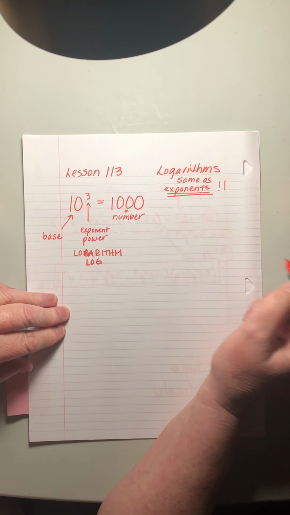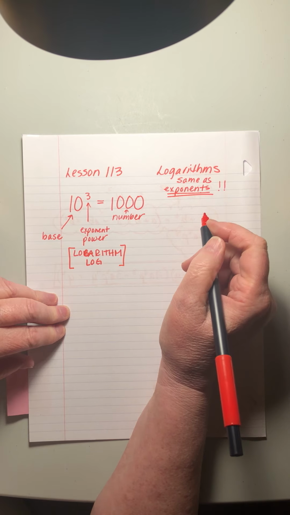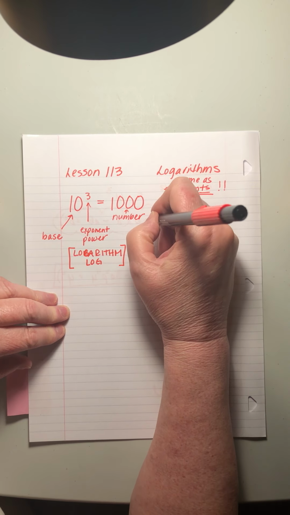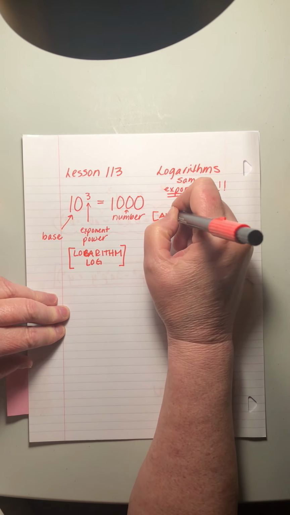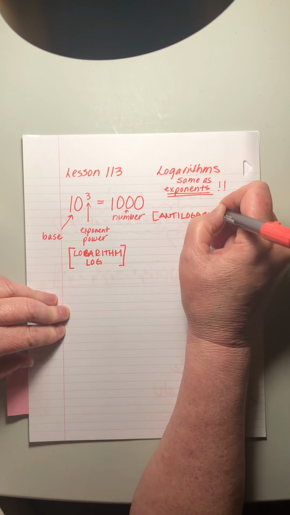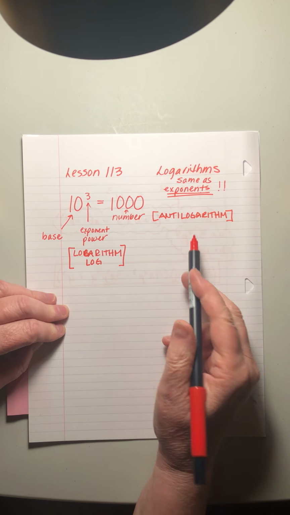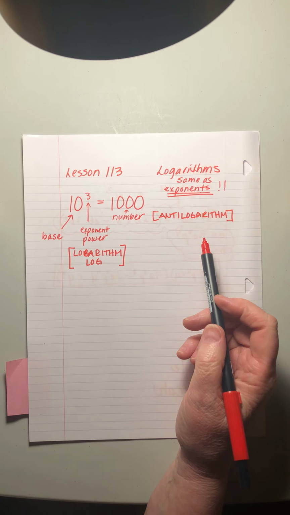And here comes, I mean, it's weird, right? Like, why did we make this so hard? Don't let it mess with you. The number, oh my gosh, you guys, this is the one that makes me want to cry, is called the antilogarithm. What in the world? That's sick, isn't it? But it's just its name.